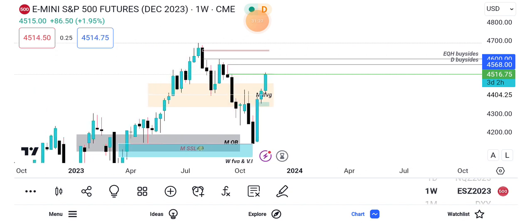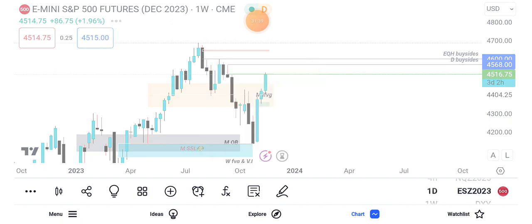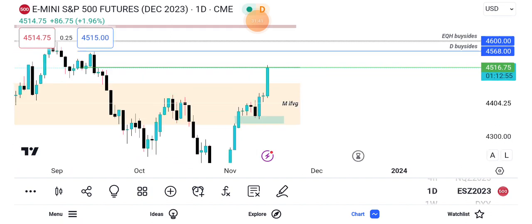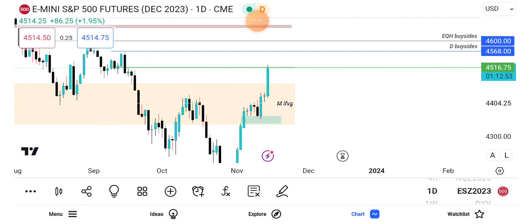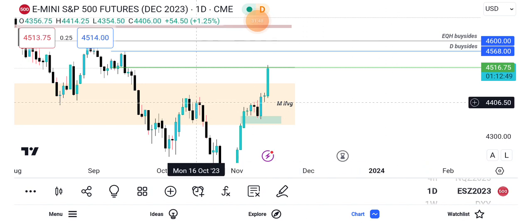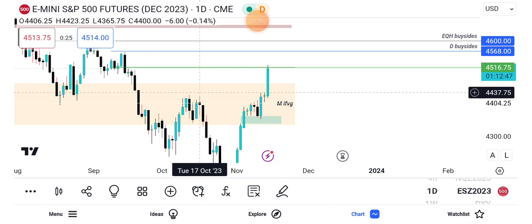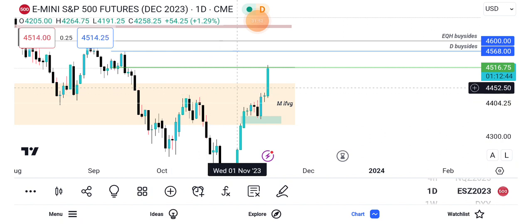Concerning the monthly, just look at that monthly inversion fair value gap. The previous week's candle closed above it, and going back to the daily, we can see this market structure shift over here. These highs have been taken, and the candle just closed above it, this candle.